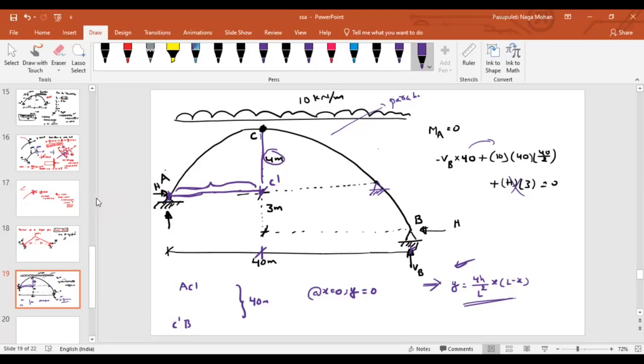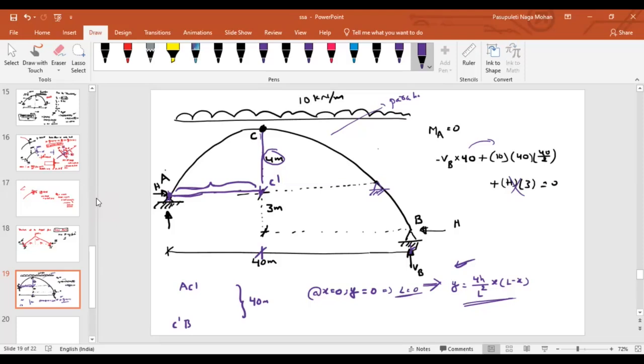Substitute y equal to 0, x equal to 0 and h. Sir, take h as 4 meter, and then see how much we'll get. If you take h equal to 4 meter, how much will we get? 0. Here 0, here 0, right? It will be of no use.